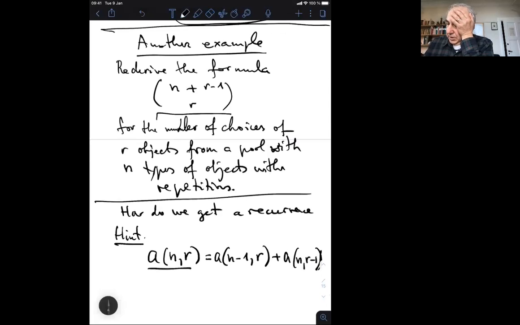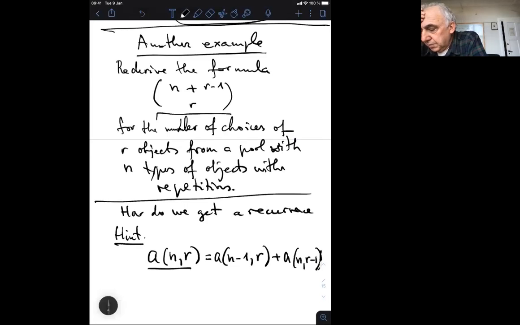So the idea is, we're choosing r objects from n different types, and we're considering objects of the first type.